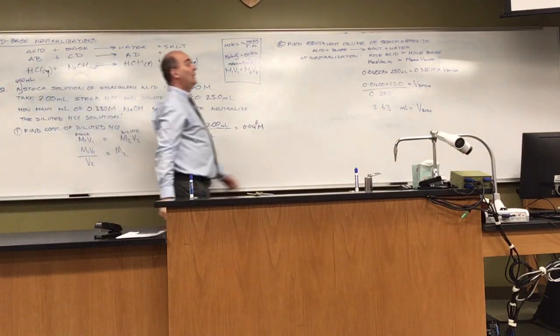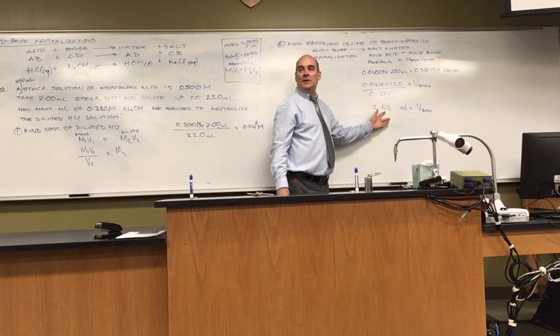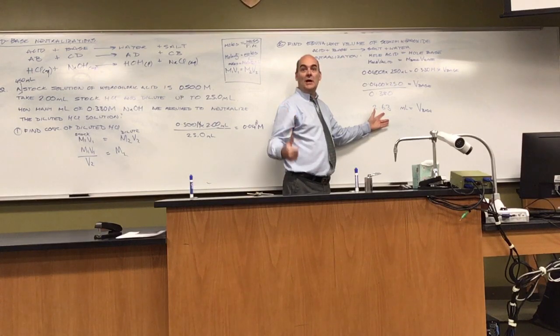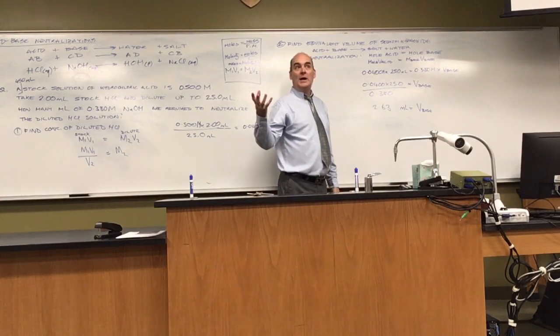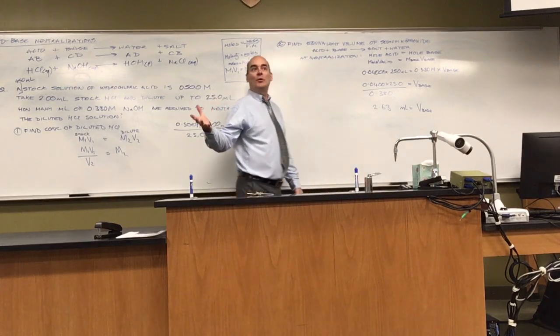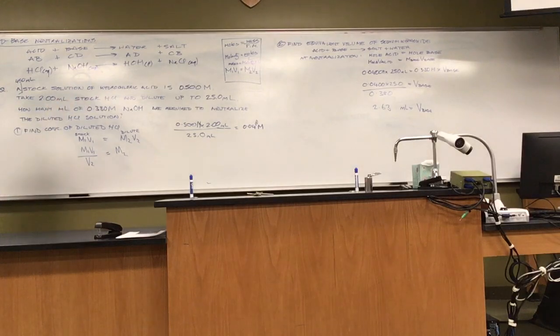It's the difference between 25 milliliters and 2.5 milliliters. It's a factor of 10. Checks out. My base is about 10 times more concentrated than my acid, and my volume of base is about 10 times smaller than my volume of acid. I'm comfortable with that, and I move on to the next question.